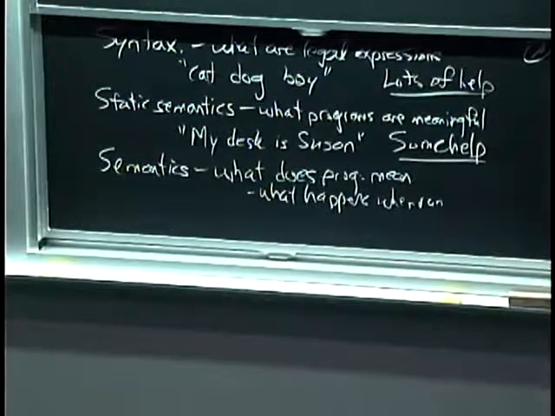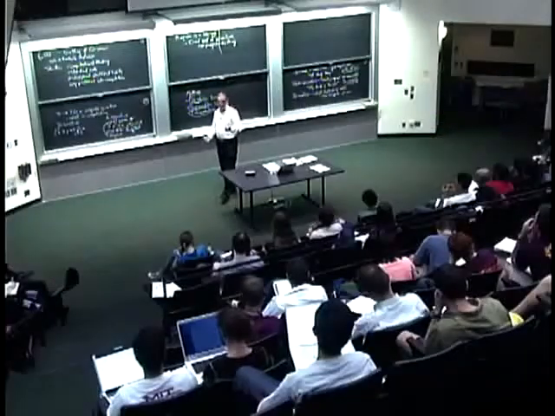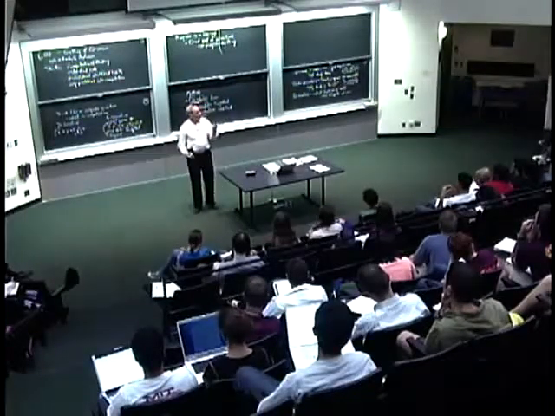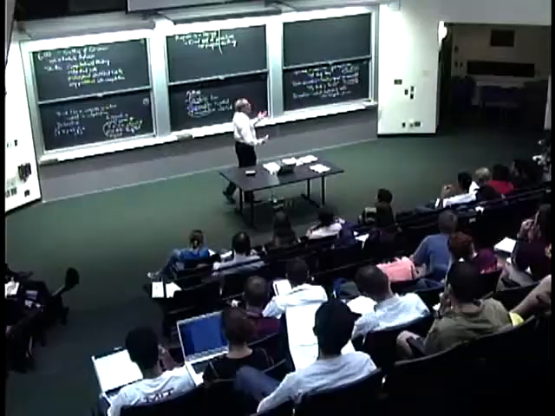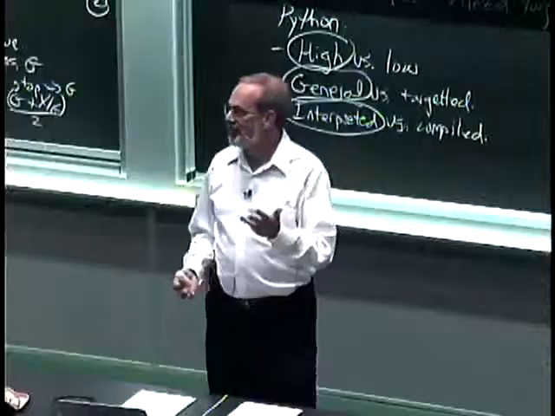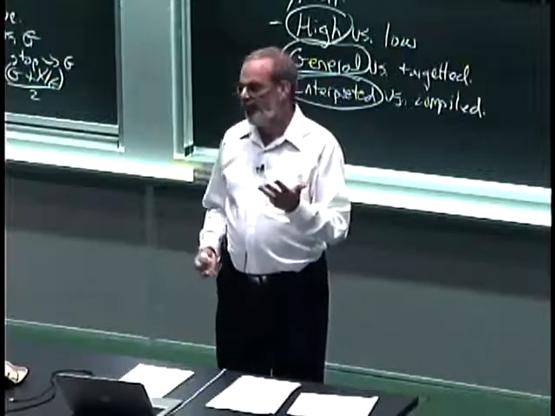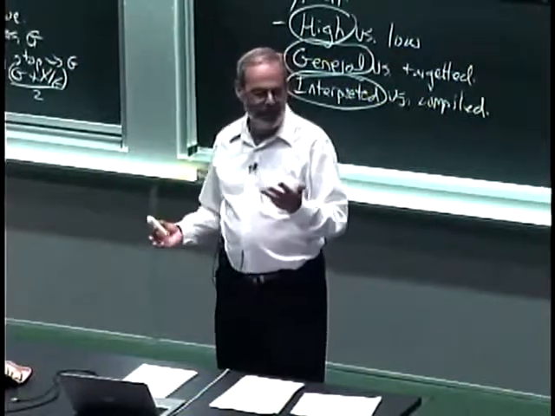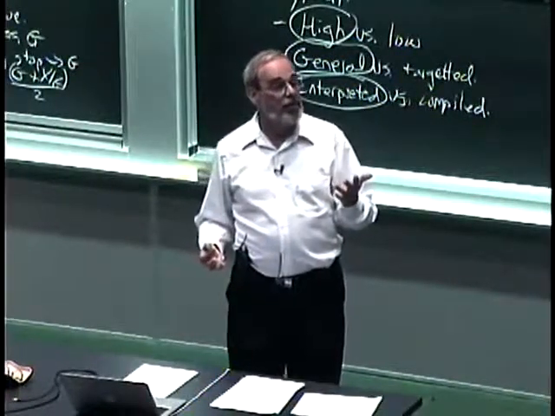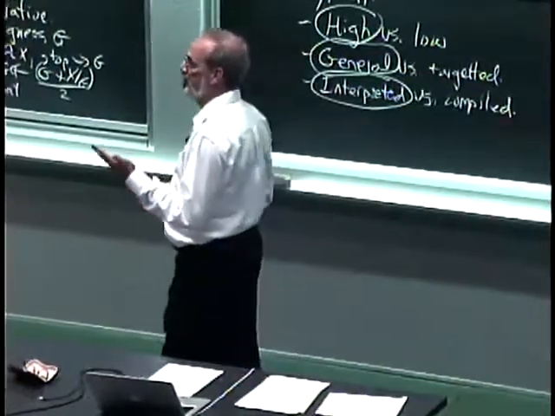Okay? What happens if you actually have something that's both syntactically correct and appears to have correct static semantics and you run it? Could run and give you the right answer. Could crash. Could loop forever. It could run and apparently give you the right answer. And you're not always going to be able to tell. Well, you'll know when it crashes. It doesn't help you very much. But you can't always tell whether something's stuck in an infinite loop or whether it's simply taking a long time to compute.